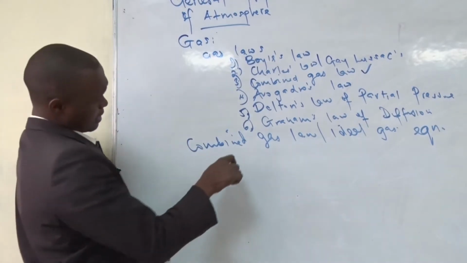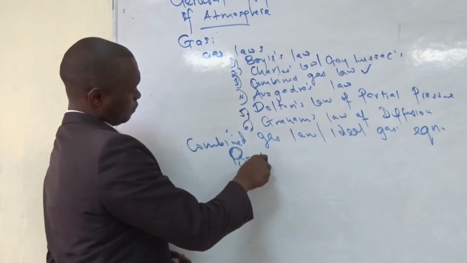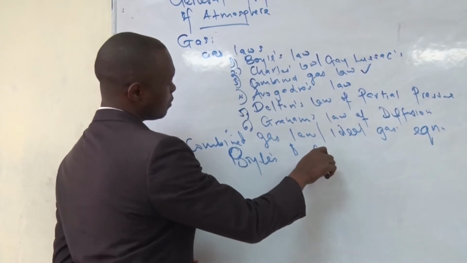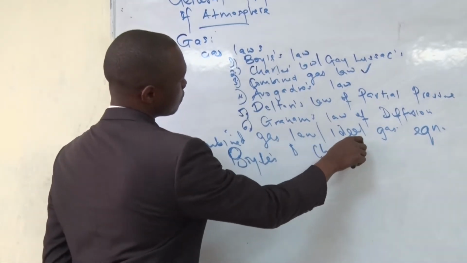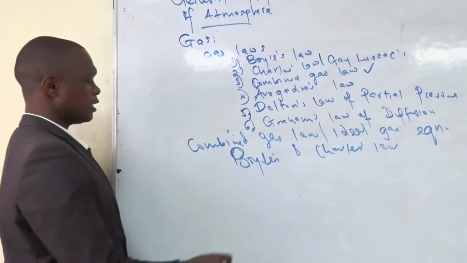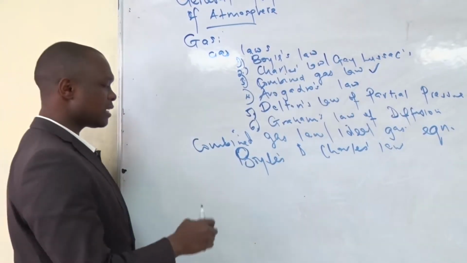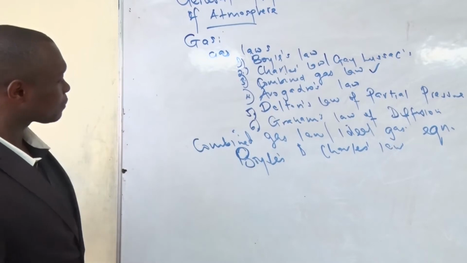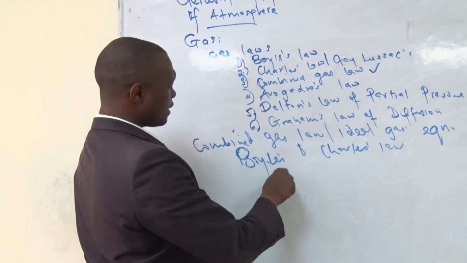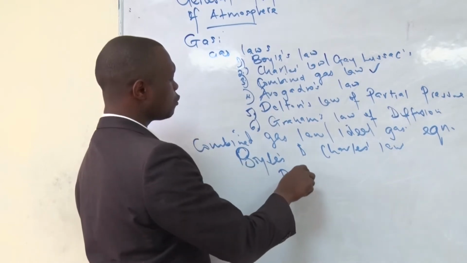Now, when we combine Boyle's law and Gay-Lussac's law, what we call Charles' law, we know that Boyle's law, when we were stating it, said that at a fixed mass of gas, the pressure of the gas is inversely proportional to the volume.